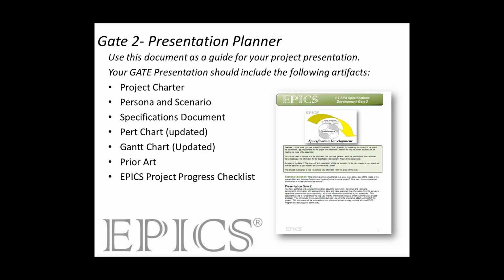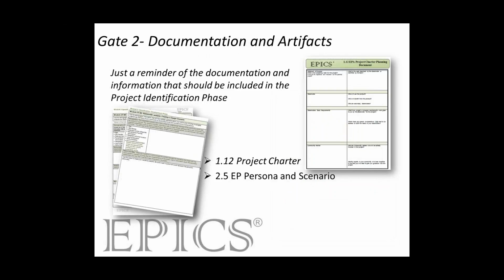So they're breaking their project down into what is happening, what pieces they're going to have to design to be able to pull together to make the project. So they really do start pulling in the specifications, and they're updating their PERT and Gantt chart and looking at prior art, and then also making sure they have all that together so that they will be able to move into the conceptual design phase. So that's how they're working on that.